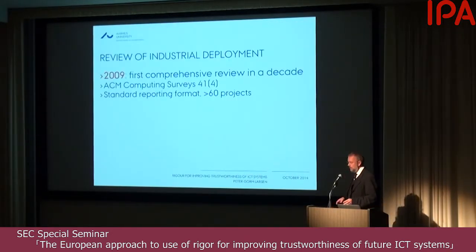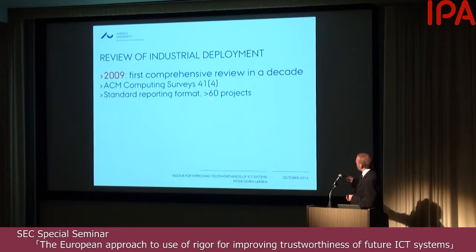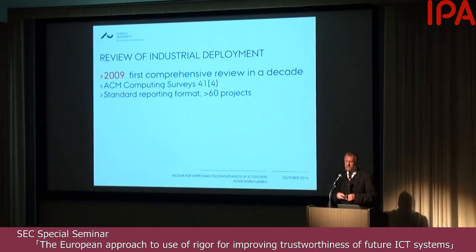So in 2009, Professor Fitzgerald and I and two more made a rather comprehensive survey of industrial projects using formal methods. At this point in time, we had a little bit more than 60 projects, all of which had filled in a questionnaire so we could compare them on a number of metrics.